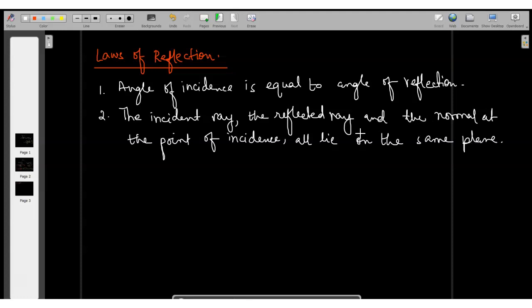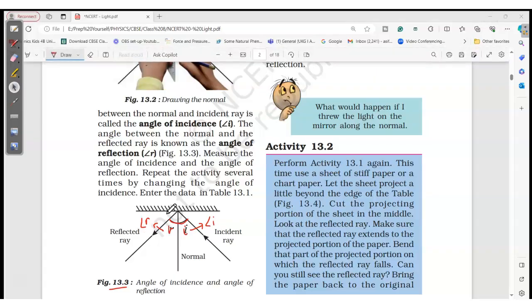So to understand the second law, let us go back to our book. You see this is a plane, right? Now on this plane, you see the incident ray is also on this plane, the normal is also on this plane, and the reflected ray is also on this particular plane. Okay, so there are two laws of reflection.